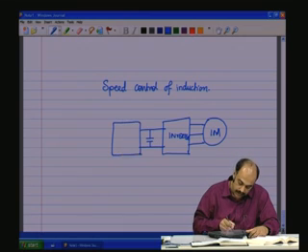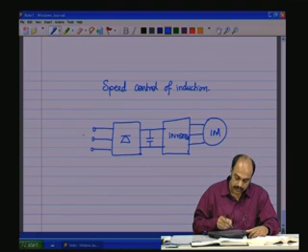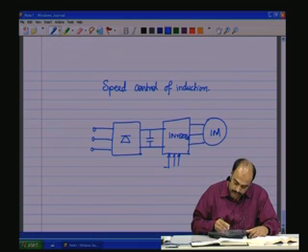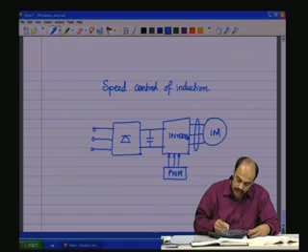You have a rectifier, three phase rectifier, and a three phase source. So a three phase AC source gets rectified to DC, passes through an inverter, and then you have an induction motor. And to this you have a pulse width modulator, where you can modulate both the amplitude and the frequency that is applied to the motor.